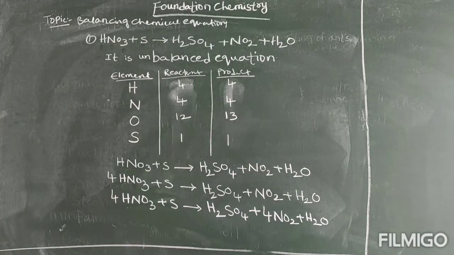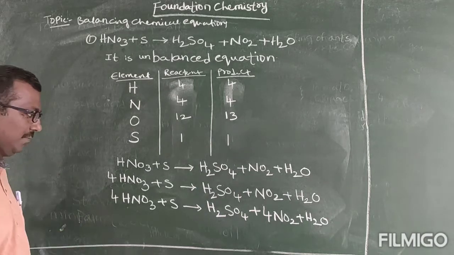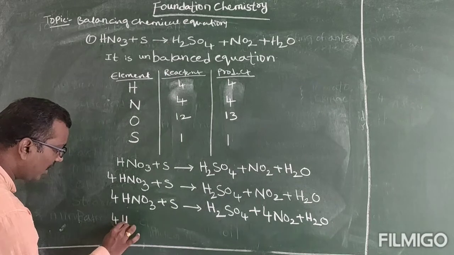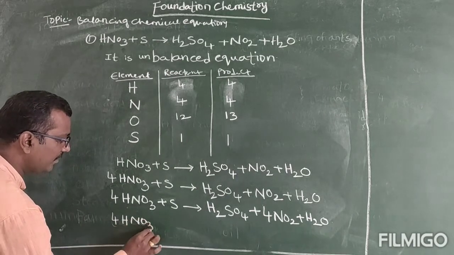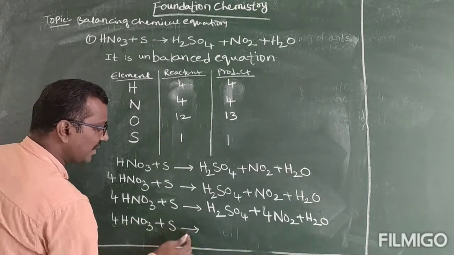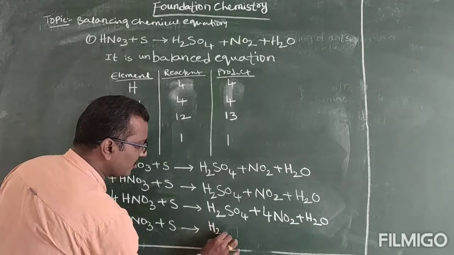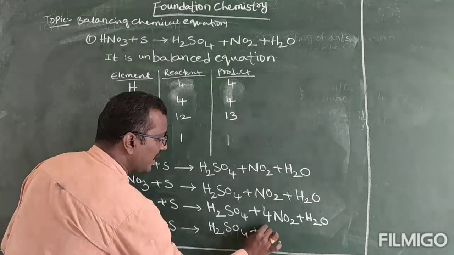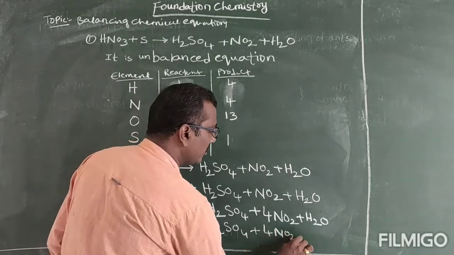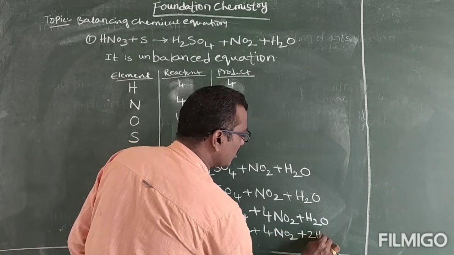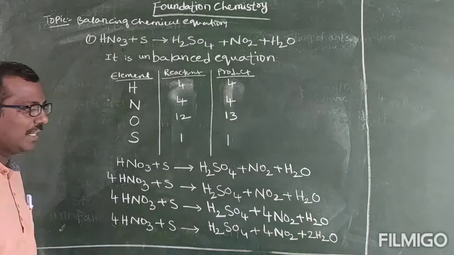That is most important. Now suppose if I try to balance like this, 4 HNO3 plus S gives rise to H2SO4 plus 4NO2 plus 2H2O. Let us consider like that.